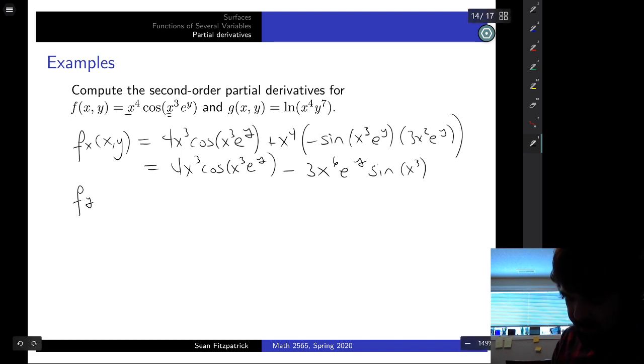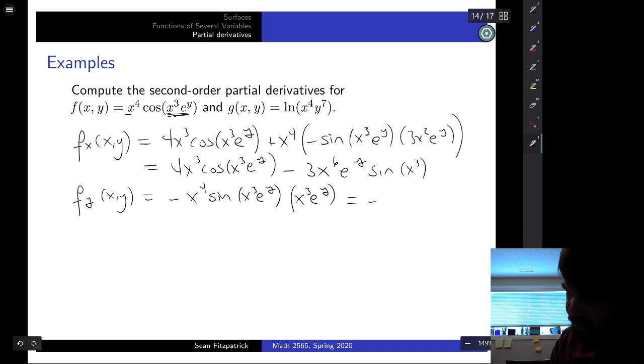The y derivative is a little bit easier. We just get minus x to the 4 sine of x cubed e to the y times the partial with respect to y of the inside here, which is going to be x cubed e to the y.